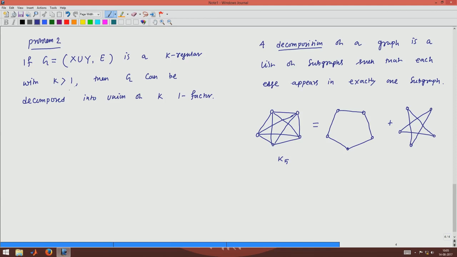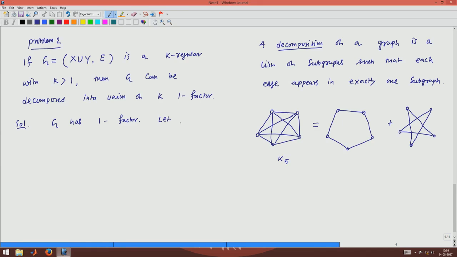Since G is a k regular graph, G has a 1-factor. A 1-factor is a 1 regular spanning subgraph, or it is a perfect matching basically.